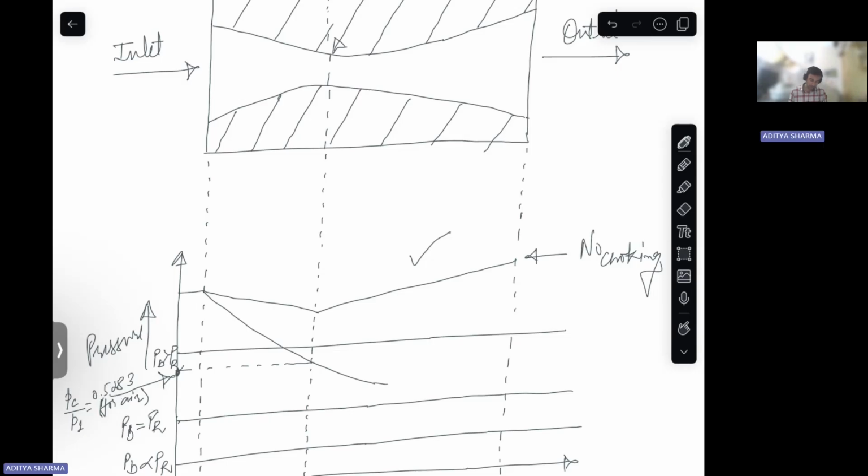But what happens is your back pressure is not sufficient, right? At some point here, because back pressure is high in comparison to your exit pressure, in that case, this recompression will take place.